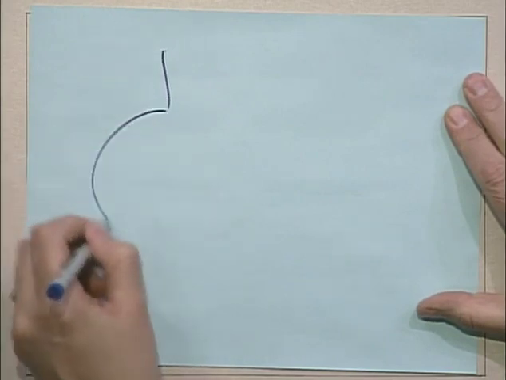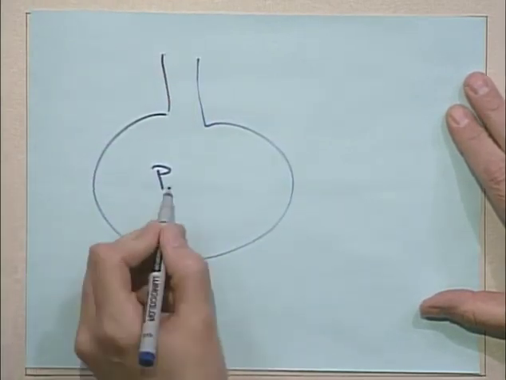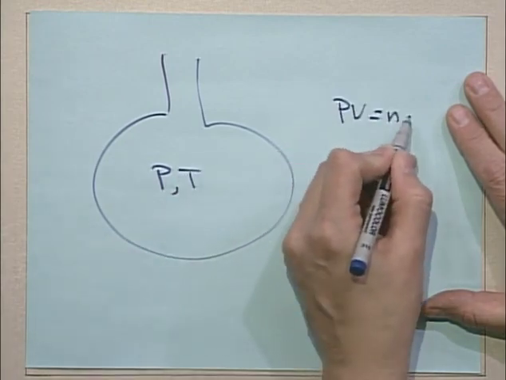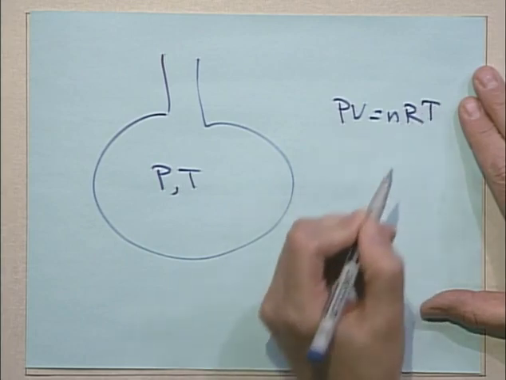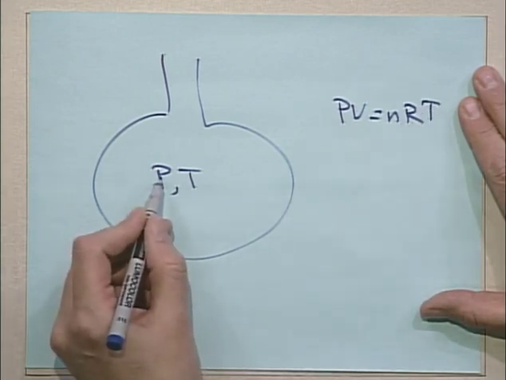In intro chem class, they perhaps said, okay, you have a vessel and inside there's a pressure, it has a certain volume, there's a certain temperature, PV equals nRT, number of moles, ideal gas constant, absolute temperature. This pressure is a molecular force.